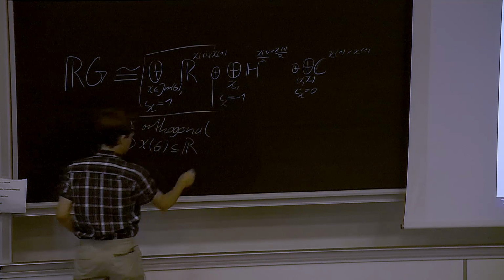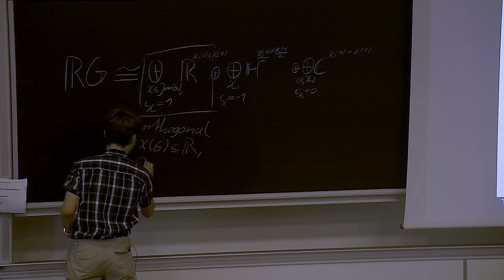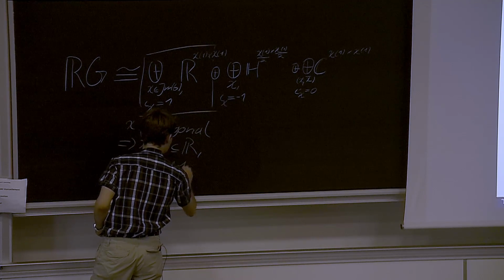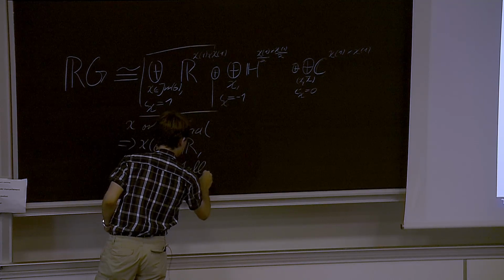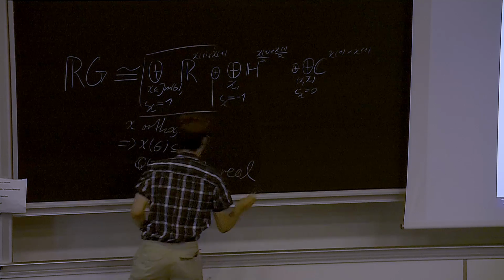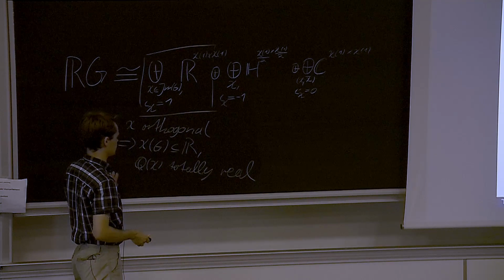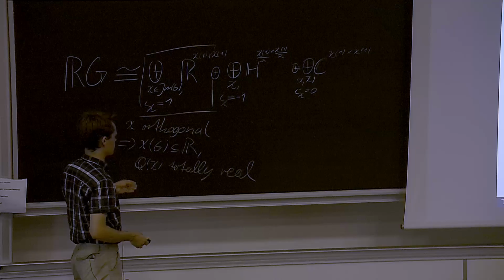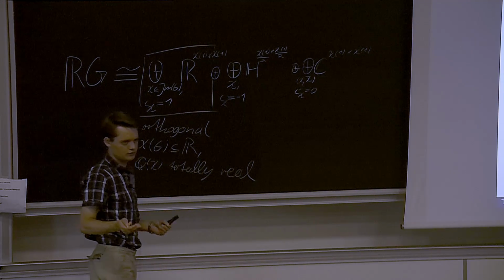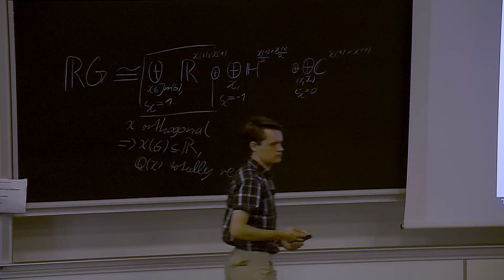And in fact, if you think a bit about it, the character field Q of chi is totally real. I hope the people on Zoom can still read that. So here you can find the orthogonal characters. These are those with indicator 1. So in particular, these are precisely the characters that come from irreducible real representations.